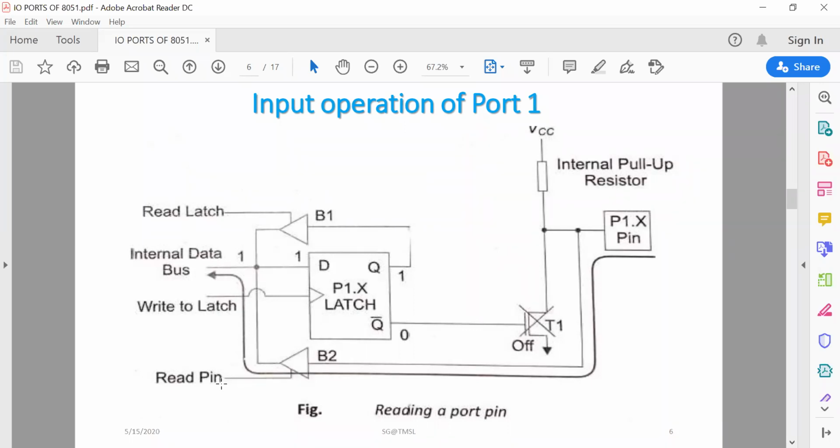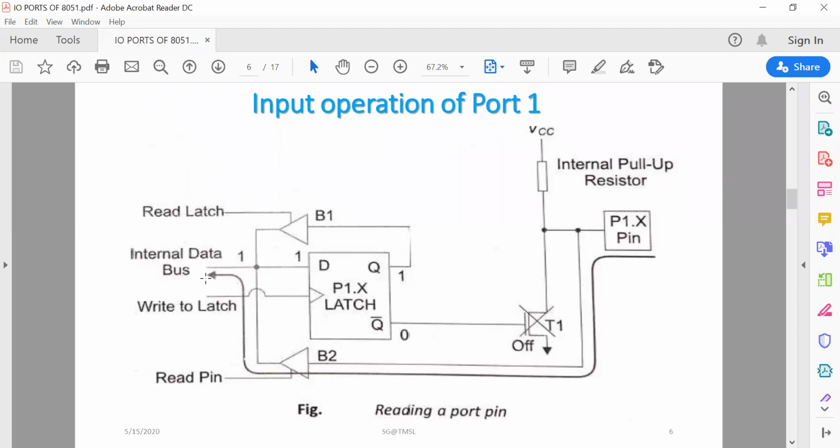To read the port status, you must activate this signal to read the output of this buffer, which is directly connected to the internal data bus. If the pin is 1, then 1 will be transferred through the data bus, and if it is 0, then 0 will be transferred. So we can read that pin status.